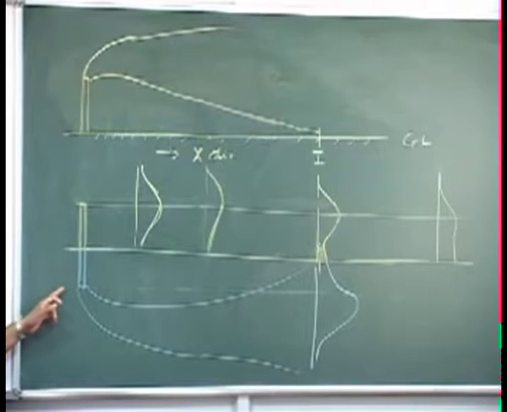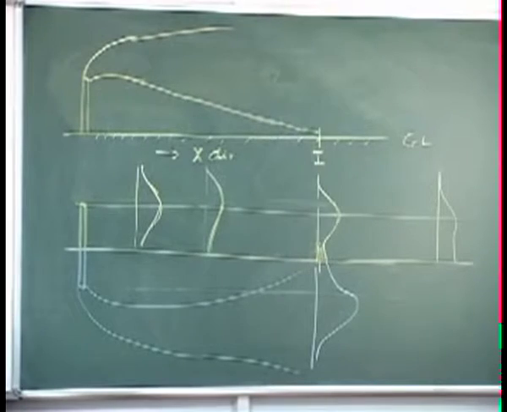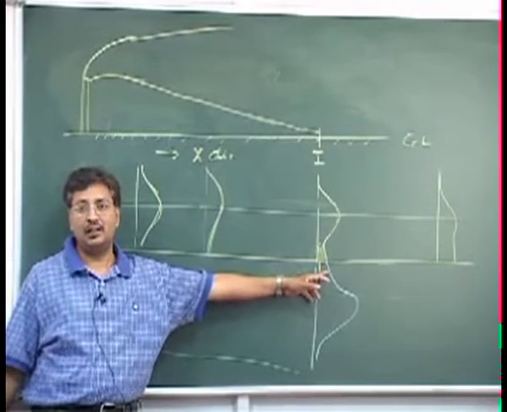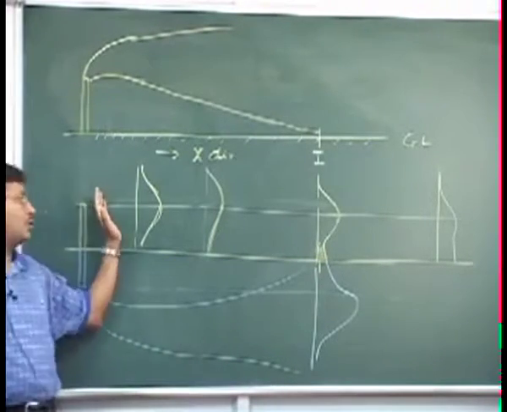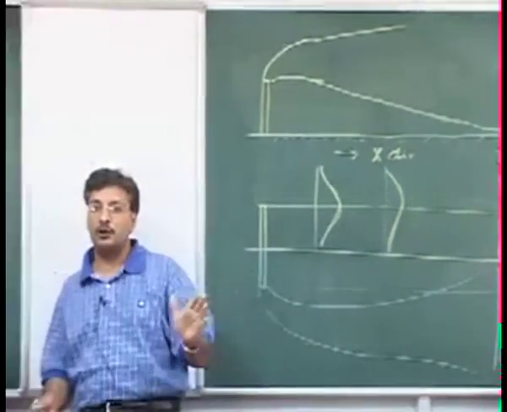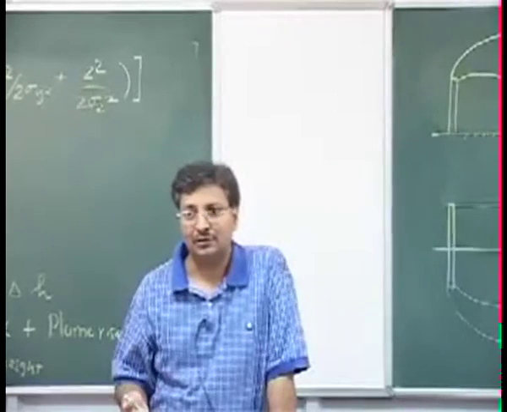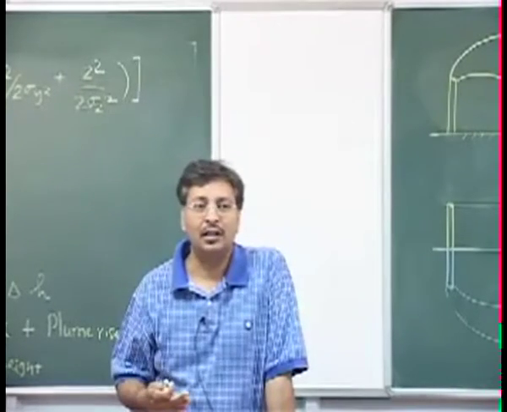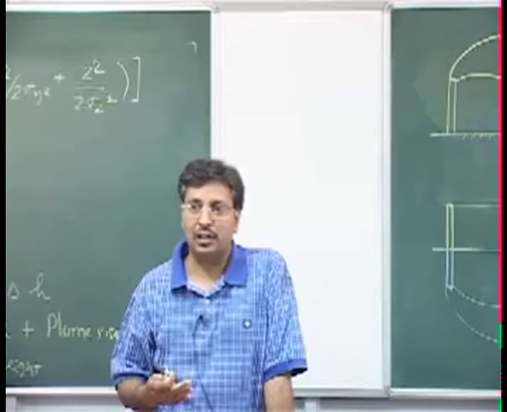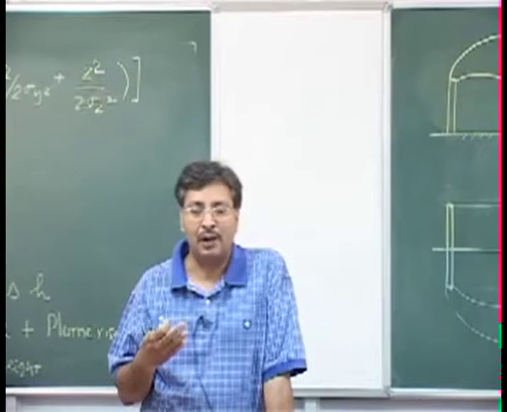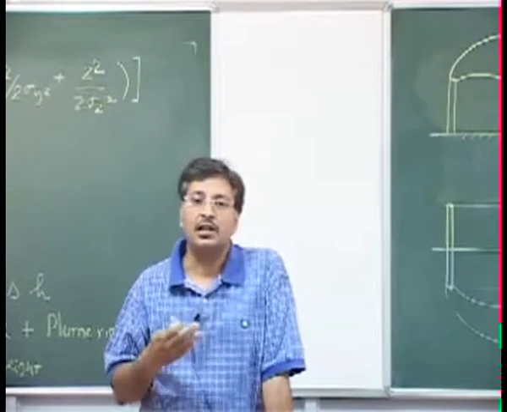I can write the equation for this source by putting z equals z plus h, and I can add those two equations and get the concentration here. You have one source contributing, you have another source contributing, superimposing both of them and adding, and I can find the net concentration by considering the reflection part.